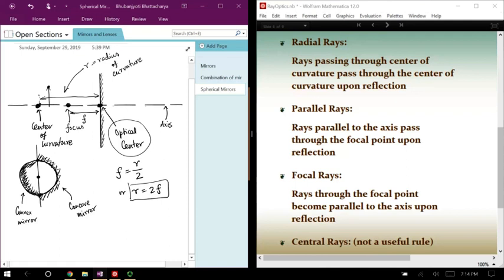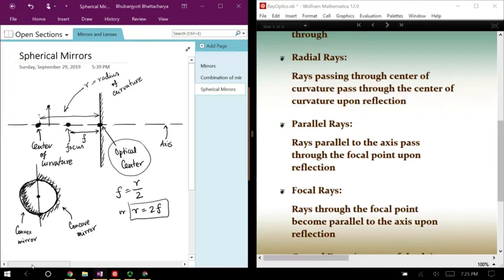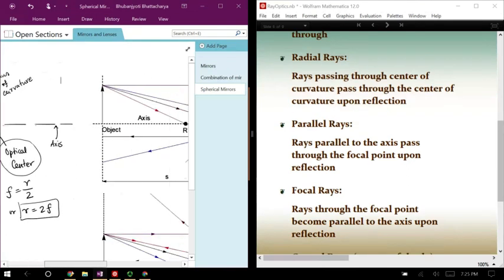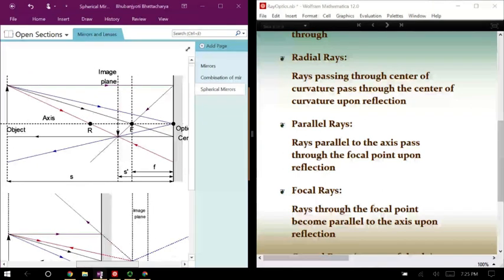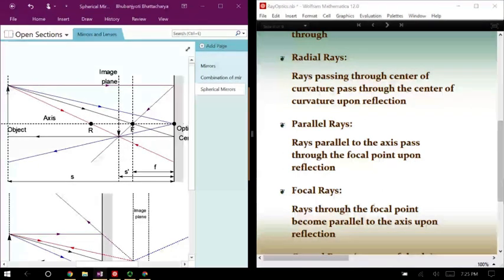Okay, so now let's move on and talk about the radial rays, the parallel rays, and the focal rays. The first one will be the radial ray, and I think it's easier to look at this figure over here. I've redrawn my arrow. This is my principal axis, and that's the mirror, with that being the optical center.